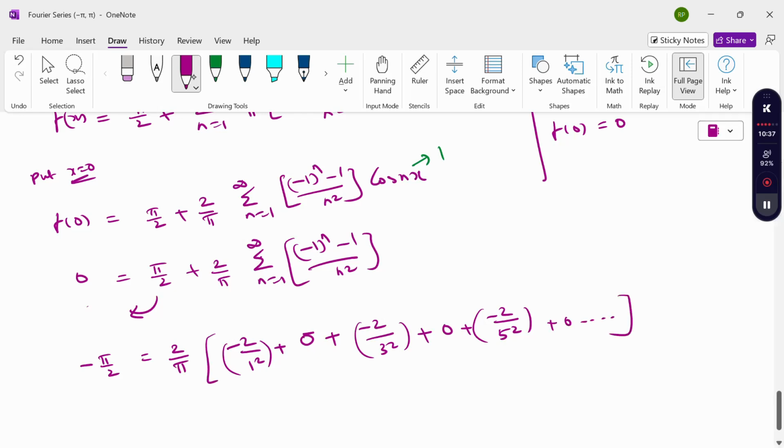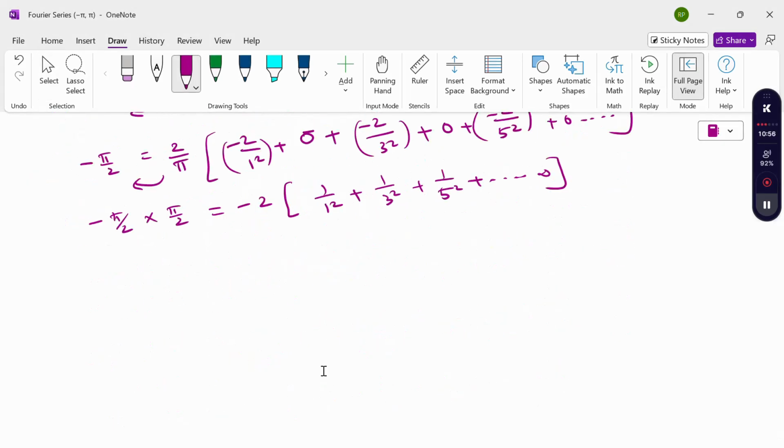So therefore here when I shift this 2 by pi to the left hand side, minus pi by 2 into pi by 2, then taking minus 2 common, 1 by 1 square, 1 by 3 square, 1 by 5 square and so on.